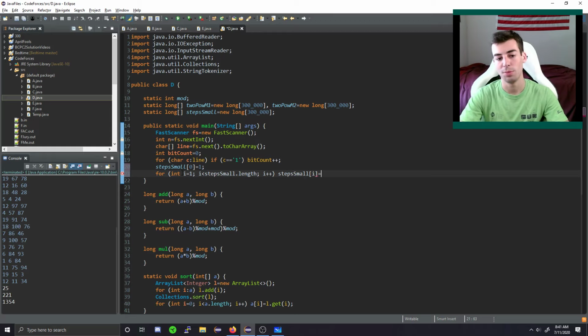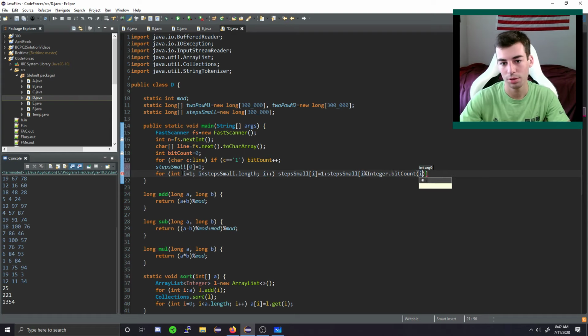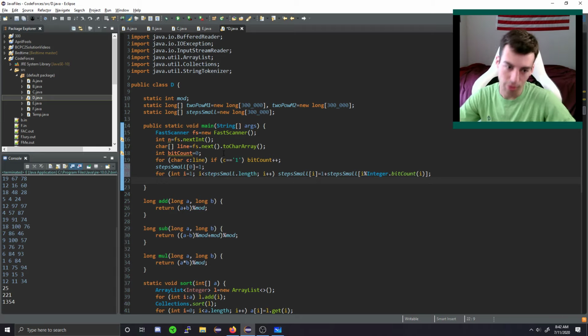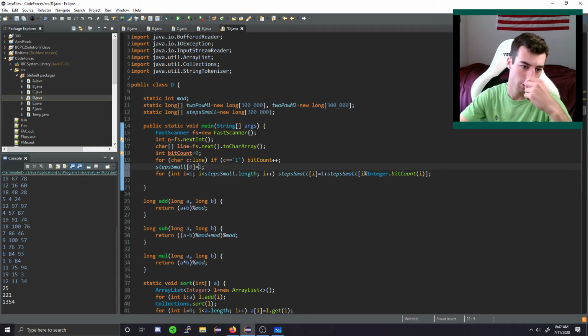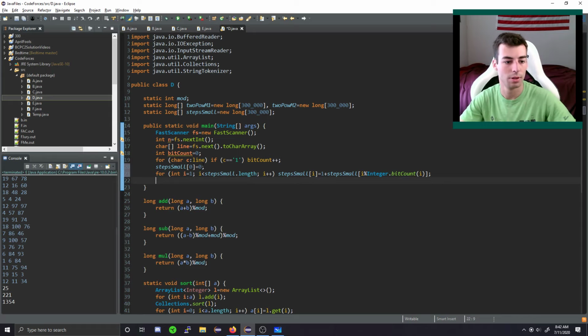So this is going to be 1 plus steps small at I mod I, or integer dot bit count of I. Yeah, okay, so that should be fine. Or this should be 0 actually. Good. Now, okay, so now M1 or mod equals bit count minus 1.